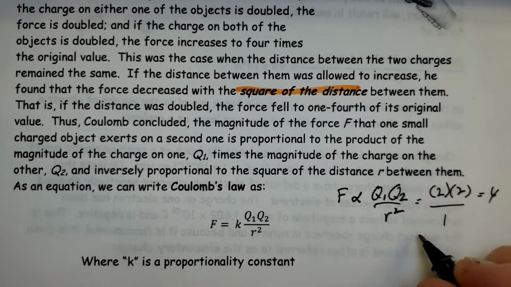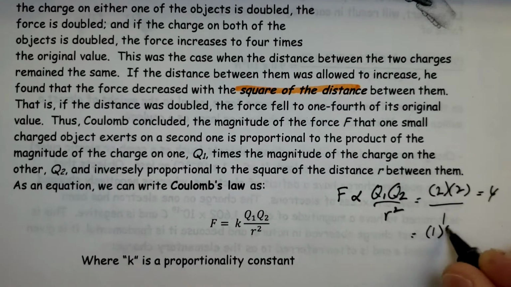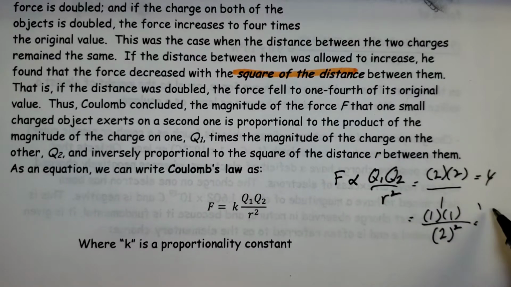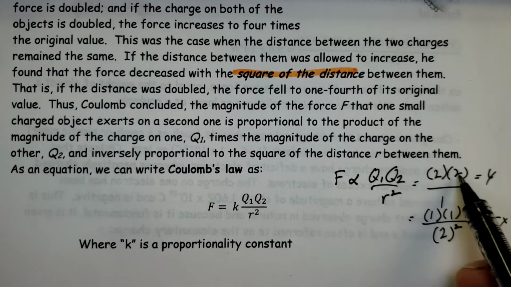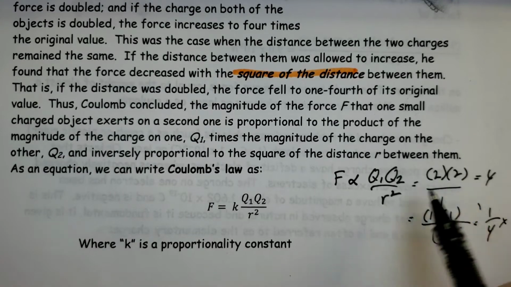If I leave these charges as times 1, don't change them, but I double the radius, we can see here this is now 1 over 4, which is 1/4 as big. So if you increase the distance, you decrease the force by 1/4. So inverse squared for radius and directly proportional to Q. If I made one of these 3 times, it'd be 2 times 3, which is 6.